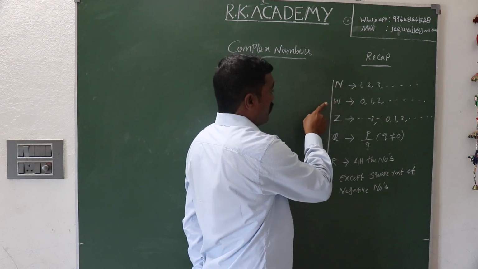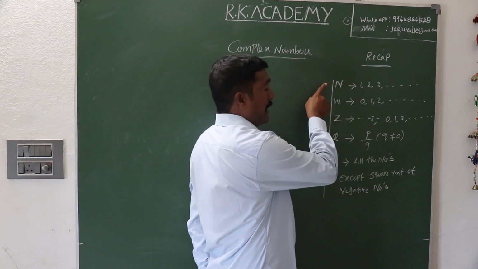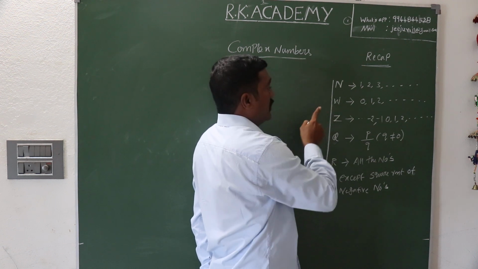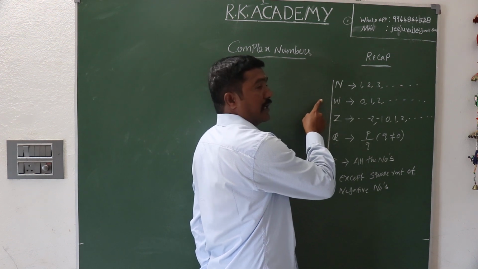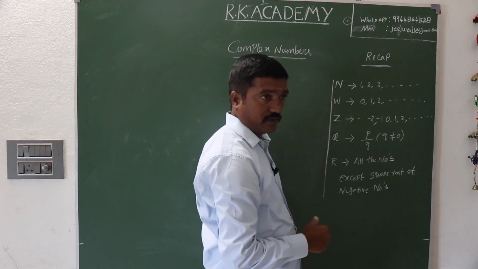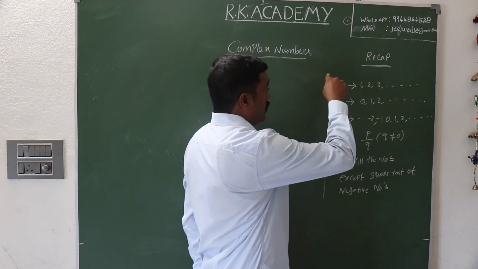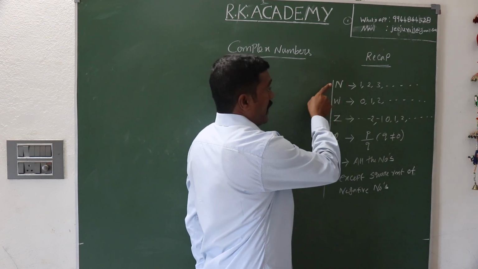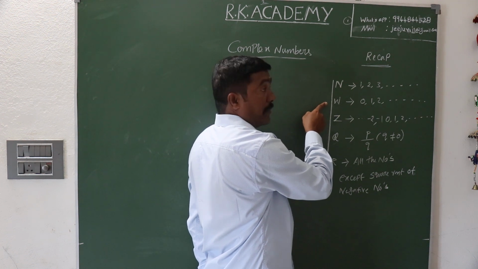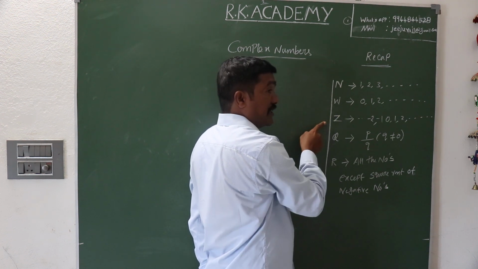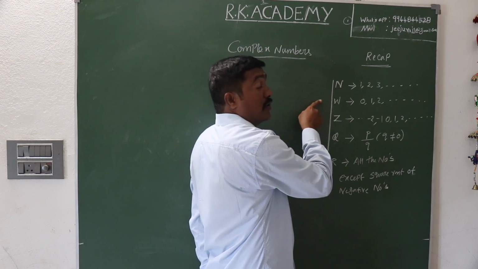There is an additional qualification for whole numbers compared to natural numbers, which is 0. And the additional qualification for integers compared to whole numbers is all the negative numbers.